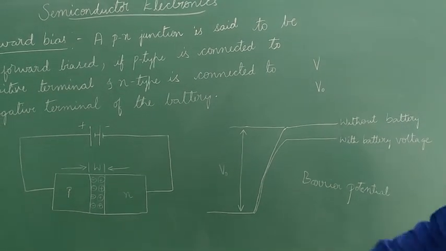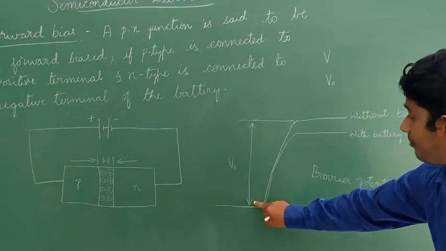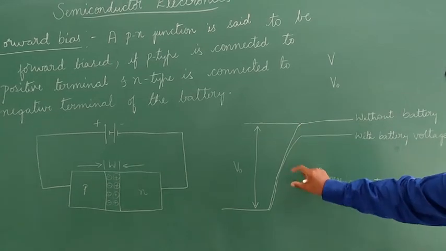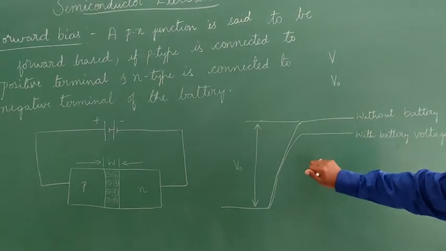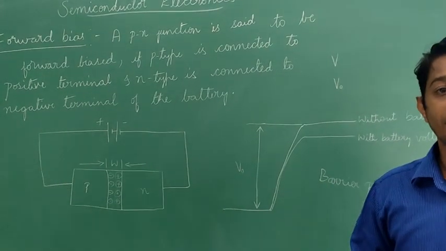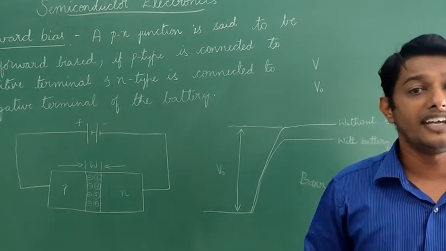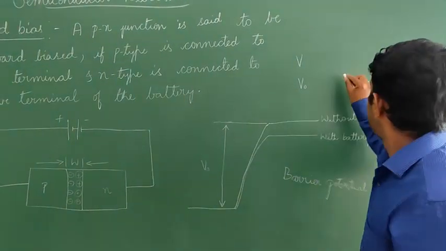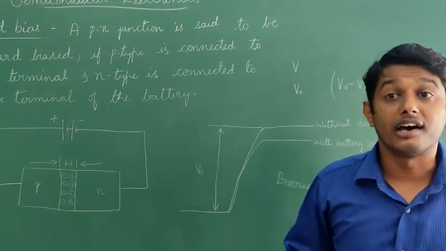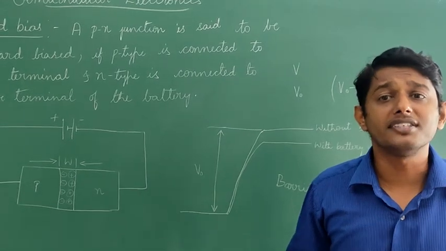Without the battery, the width was from here to here, but with the battery voltage the width decreased from here to here. Now the length is only this much. So the effective barrier height under bias is V0 minus V.